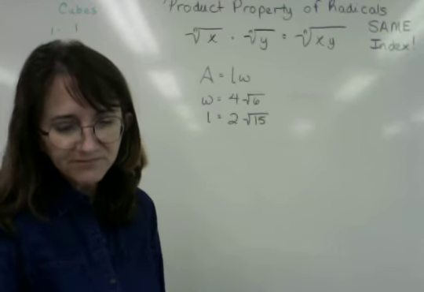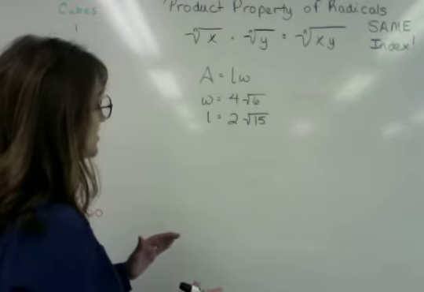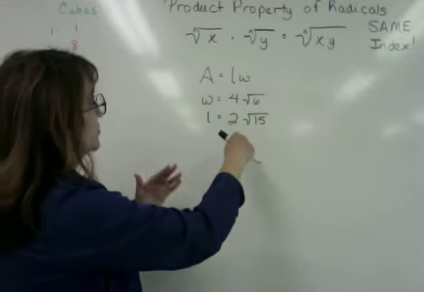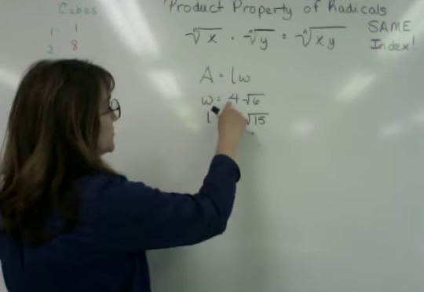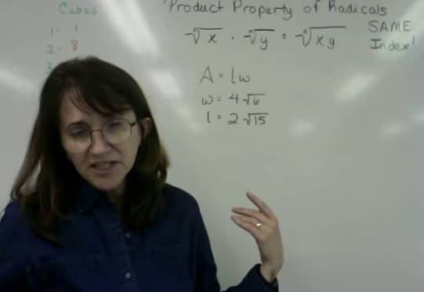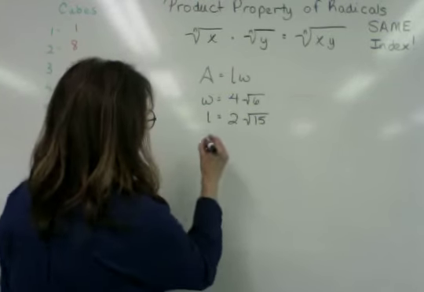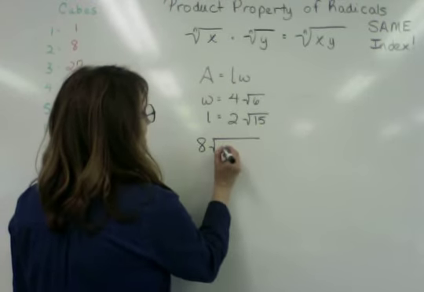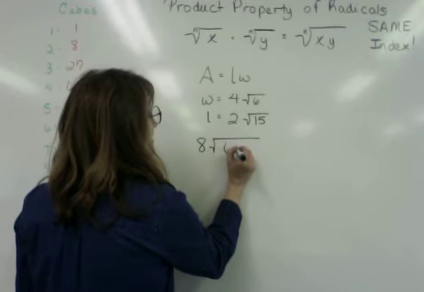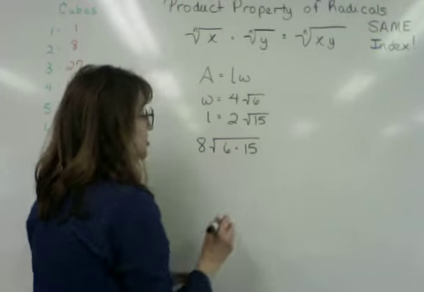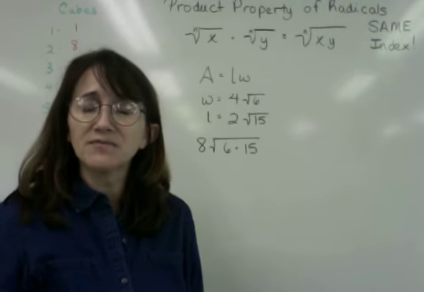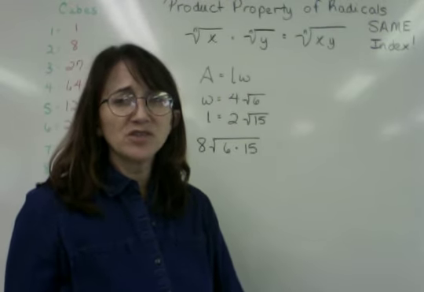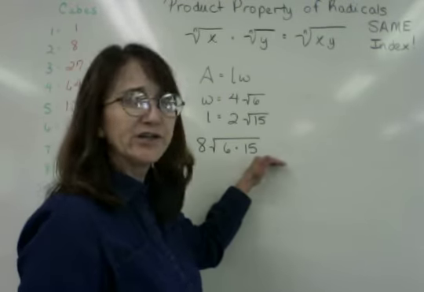Happiness, right? So what we can go ahead and do is we can use our product property to smush everything together. The easiest thing to do is the 4 and 2 are just going to go ahead and multiply to make your life easier. You don't have to break those down. So that's going to become an 8. And then technically what's left is we have the 6 and the 15. Yes, you could multiply those together and make your life miserable, or you could go ahead right now and break them down into prime factors here.